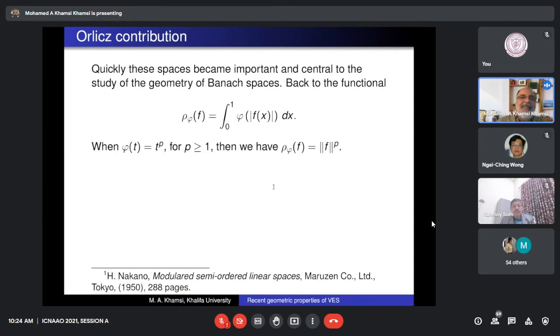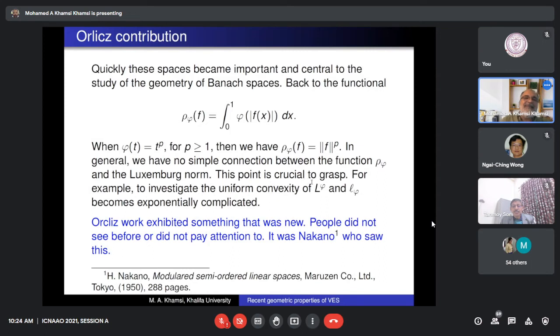Now, it was Nakano in 1950 who saw this tool that he called the modular. He called it the modular. Don't ask me why, guys, okay? And that's why you see that famous book, Modularized Semi-Ordered Linear Spaces, okay?